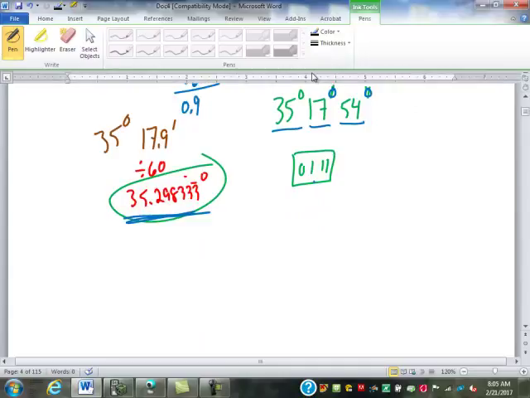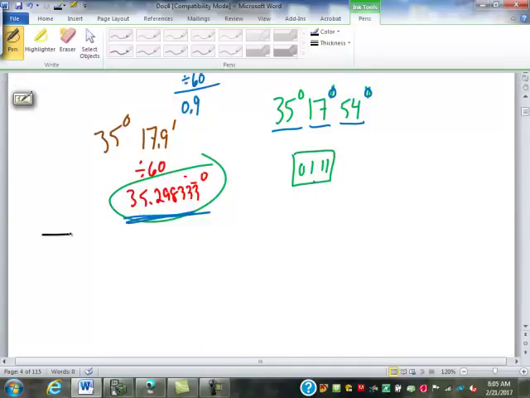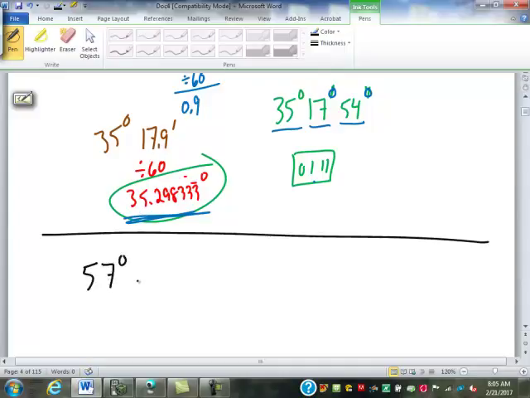So, we're going to look at doing operations with these angles, just like we did with other measurements. If I have 57 degrees, 18 minutes, 48 seconds.